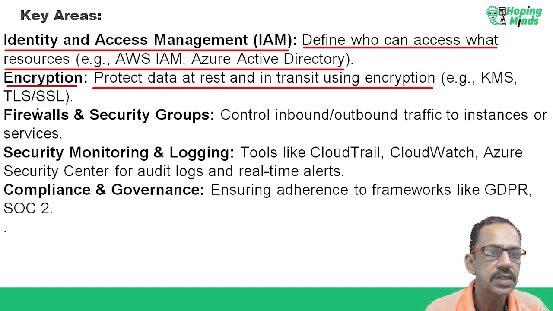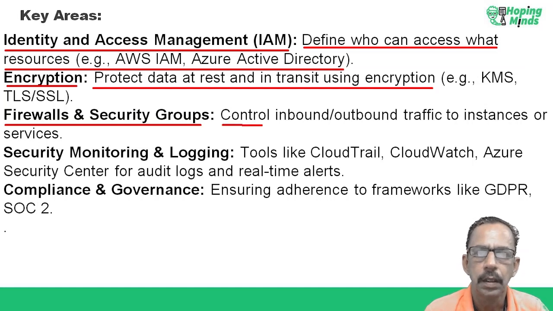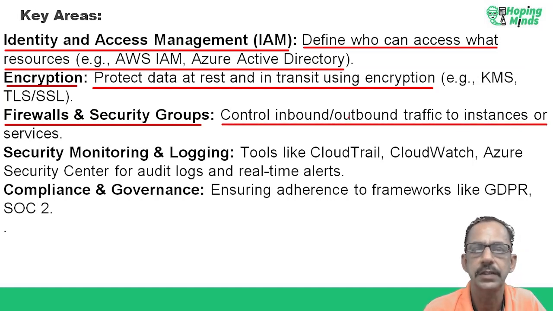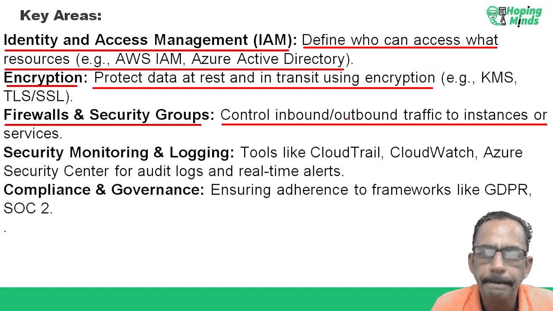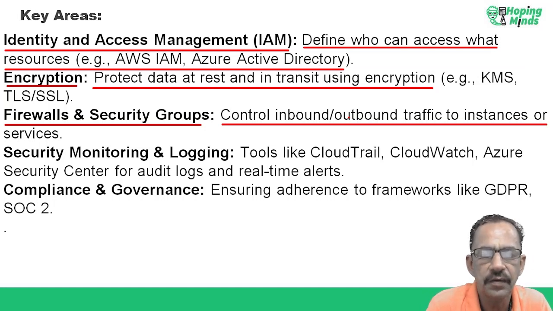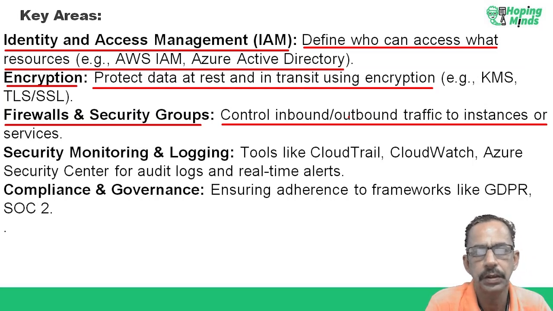Then using the firewall and security group. These are the core concepts for security. They control inbound and outbound traffic to the instance or service. Inbound means incoming traffic from anywhere, any request coming there. Outbound, any data going out of my machine, where it is going, why it is going.